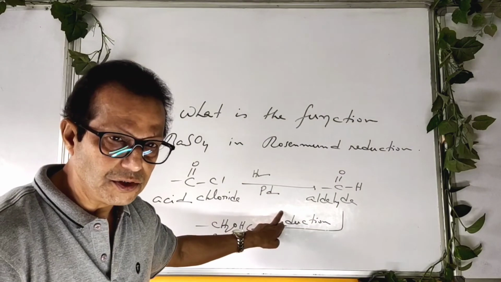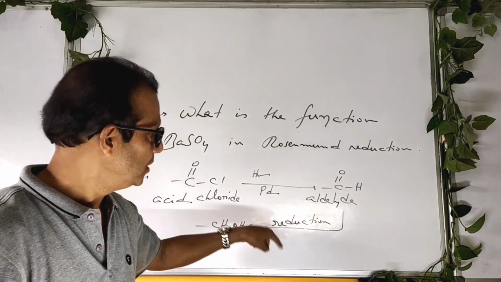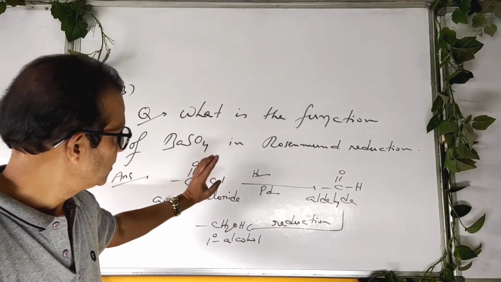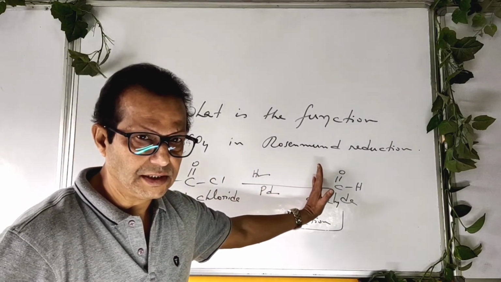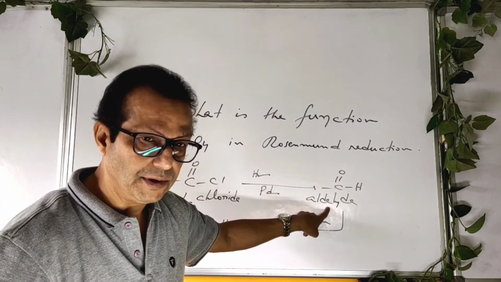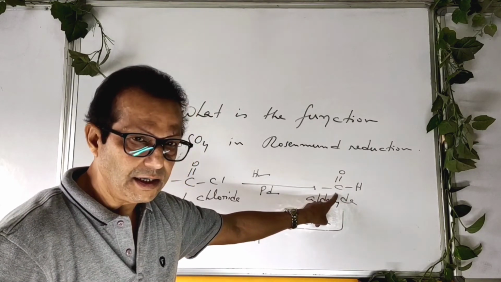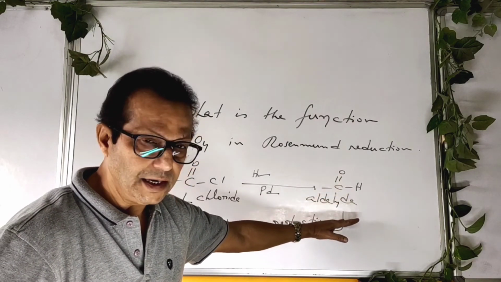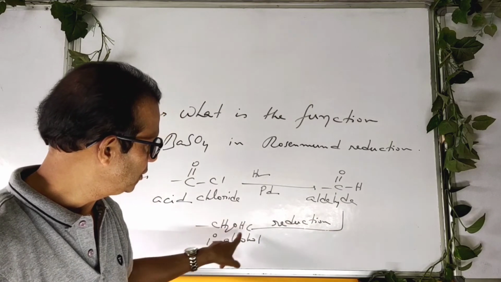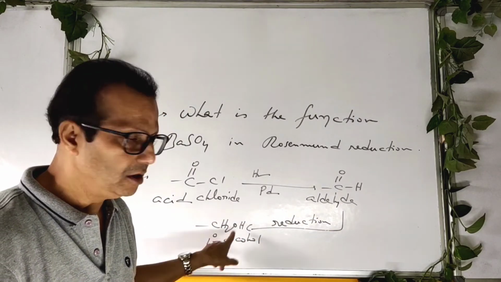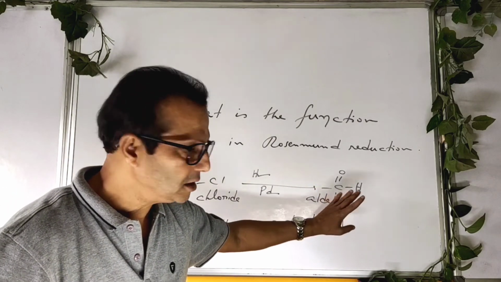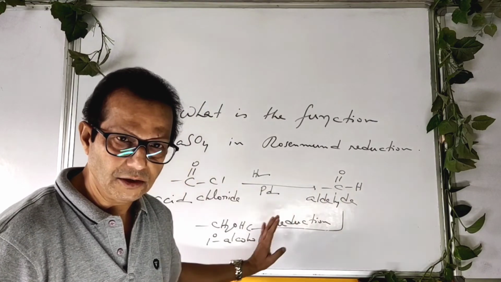If you do not use barium sulphate, then what happens? The reaction proceeds, aldehyde you get as intermediate, but that aldehyde so formed undergoes further reduction to change into primary alcohol. But our target is to get only aldehyde, not alcohol.